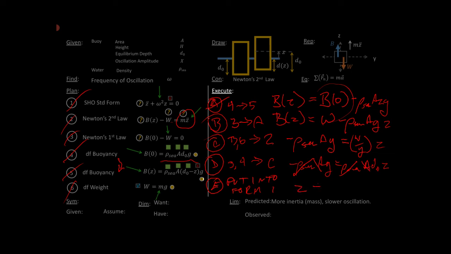Z double dot is then equal to minus G over D naught times Z. Alright, so then we make the analogy to 1.